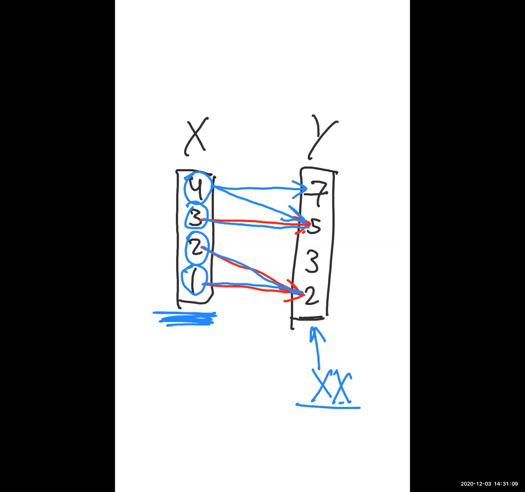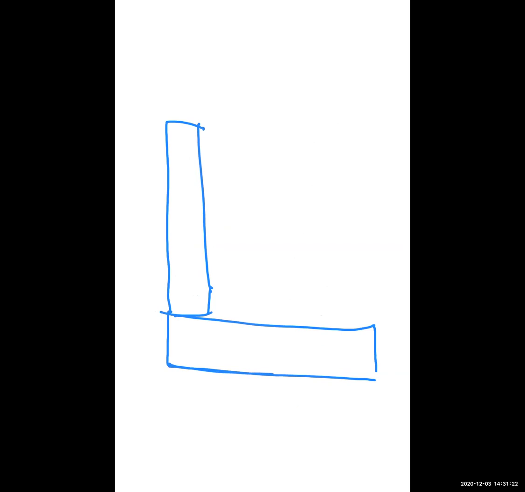If it comes from a Cartesian diagram like this, this one is X and this one is Y, with elements 2, 3, 4 and here 6, 7, 8, 9.